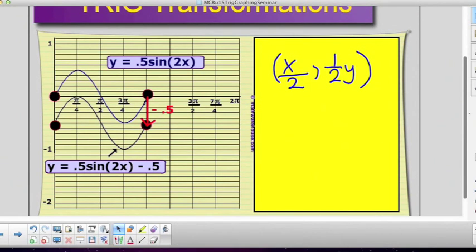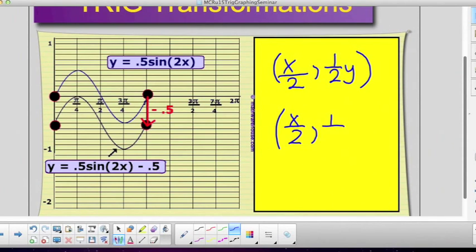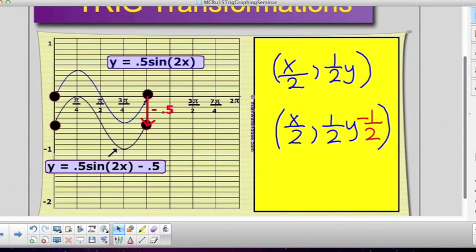The one on the bottom, I would have the exact same situation for my x-coordinates, but now my y-coordinates get multiplied by 1/2, and on top of that, I have to subtract 1/2 because I have the vertical translation happening. Okay, so mapping relationships and how they correspond to the graphs.